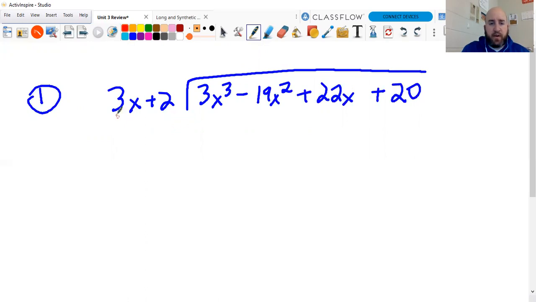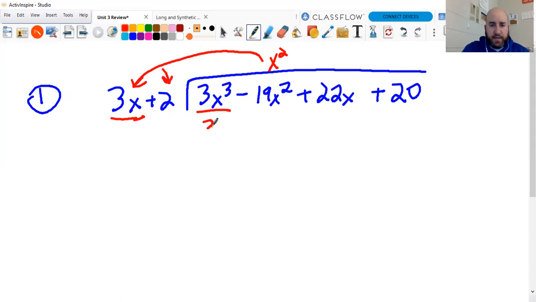All we have to remember about long division is I'm trying to match the first term of my divisor to the first term I have left in my dividend. So I have to match 3x to 3x cubed. I have a 3 and 1x here, 3 and 3x is there, so I'm missing 2 x's, x squared. I'm going to distribute and multiply.